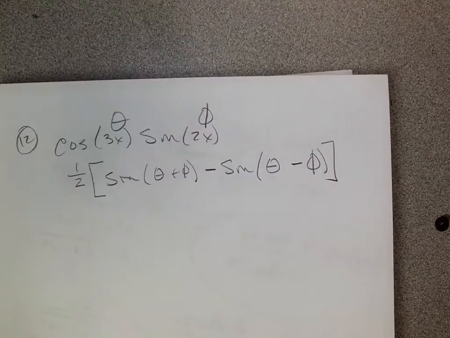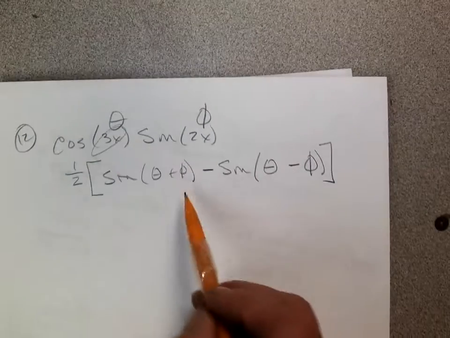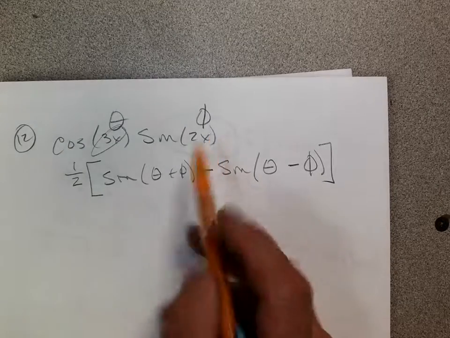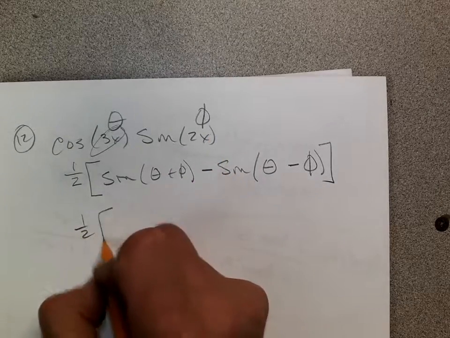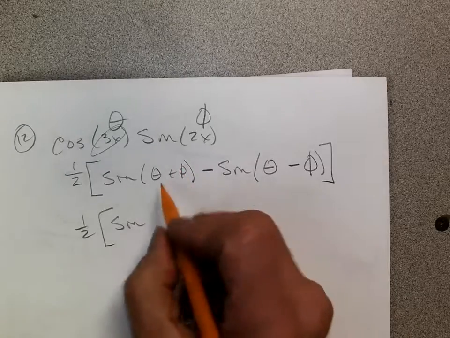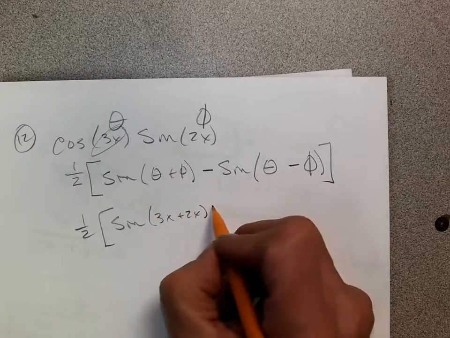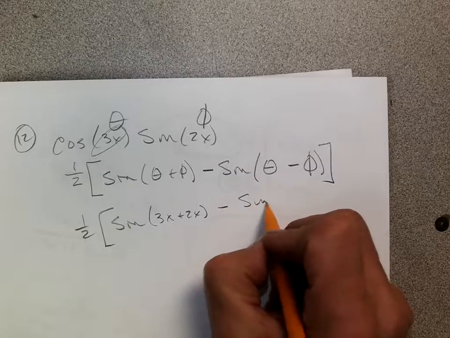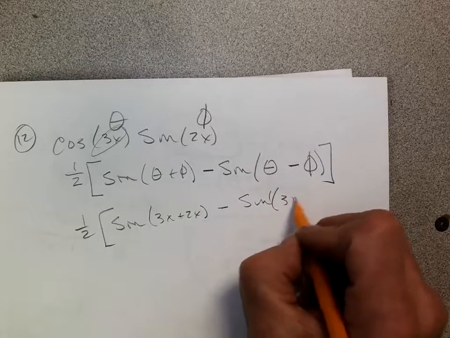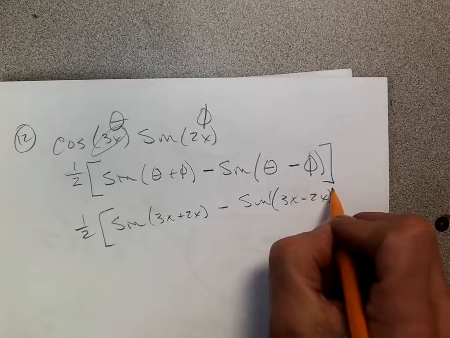All I need to do is put my 3x and my 2x in. So I'm going to have 1/2 sine of 3x plus 2x minus sine of 3x minus 2x.